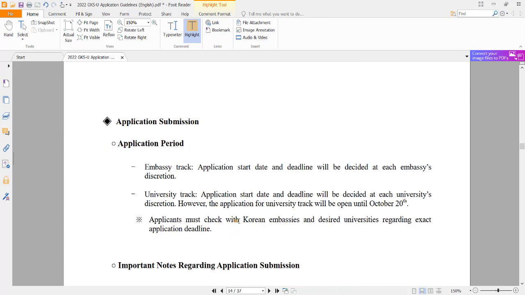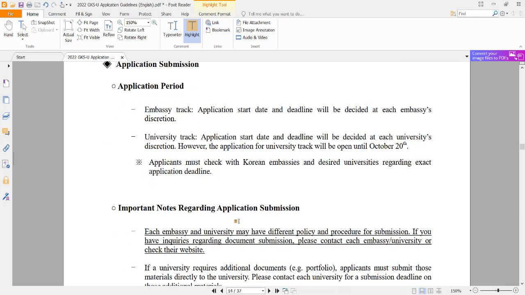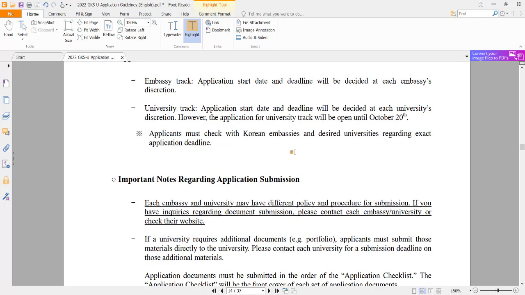So as you can see, there are some important notes regarding the application. I will read them and explain them to you. For the embassy track, as we know, the deadlines will be decided by the embassy, and for the university track, each university is going to decide the deadline, but the final deadline for the university track will be October 20. Some universities may decide up to October 10 only or October 12.